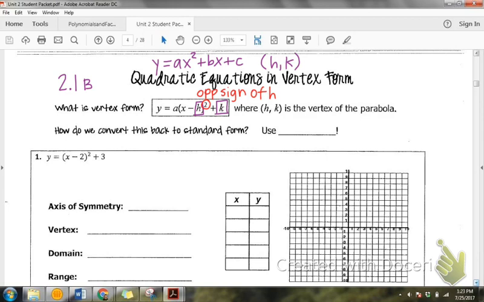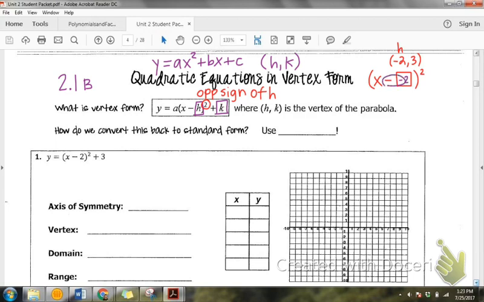For example, if my vertex was negative 2, 3, don't write this down, just watch. If my vertex was negative 2, 3, okay, so this would be my h value. When I put it into my equation, it says x minus whatever your h value is squared. So if my h value was negative 2, what do you notice about these 2 signs then?